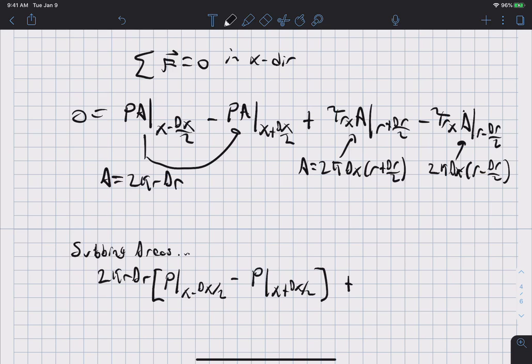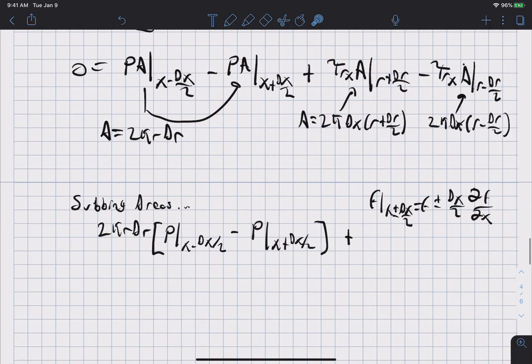And again, using Taylor series, f at x plus or minus delta x over 2 equals f plus or minus delta x over 2 partial f partial x. Okay, and again, we're doing a differential control volume, so there's no need to do the plus delta x squared over 2 times 2 factorial partial squared f partial x squared. There's no need to do any of the higher order terms here, because they would all cancel out anyways.